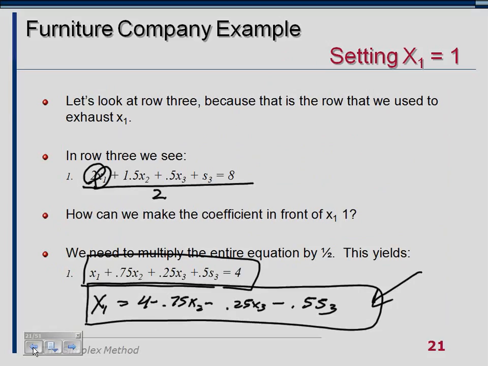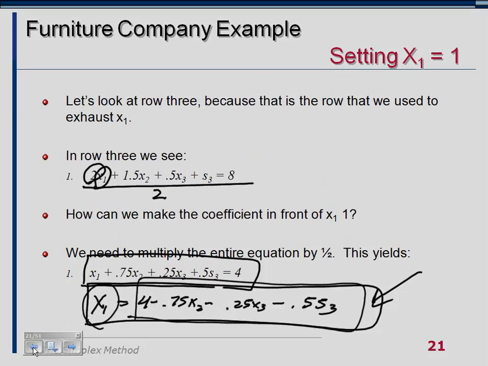So do you agree that if we subbed x1 with this guy, then in all of our other equations where there used to be an x1, he would disappear? Does everyone agree with that? He'd disappear. Okay? So here's what we did.